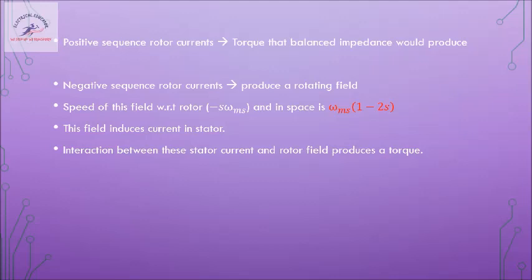So now, what is a torque? Torque is nothing but an interaction between a magnetic field and current. If a conductor is placed in a magnetic field and it is a current-carrying conductor, then that conductor will experience a force, and if it is moving in a rotational motion, we call it a torque.